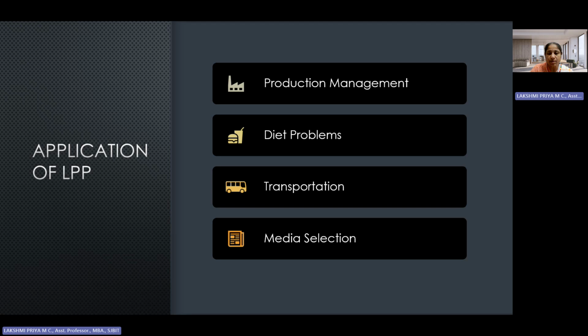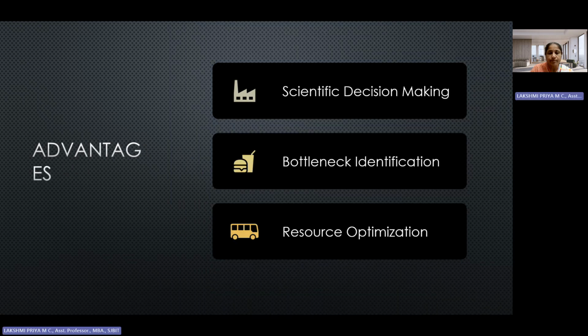Now let us discuss the advantages and disadvantages of the linear programming problem. No technique is perfect. Let's look at the pros and cons of the LPP. Advantages: scientific decision making.